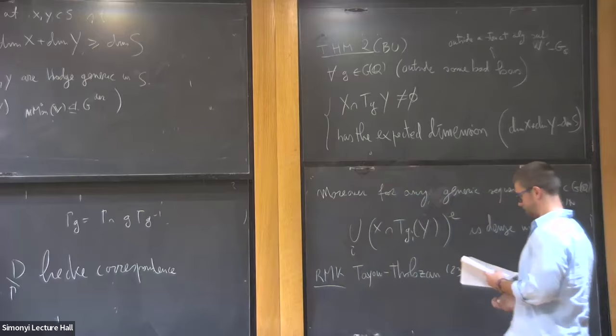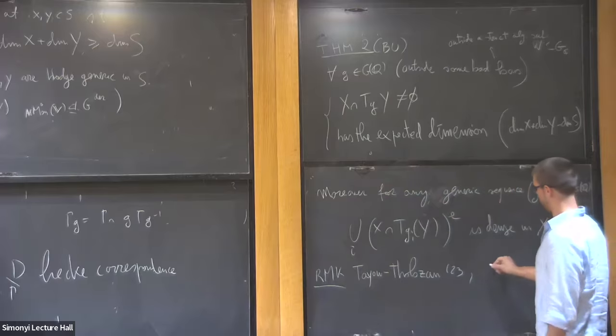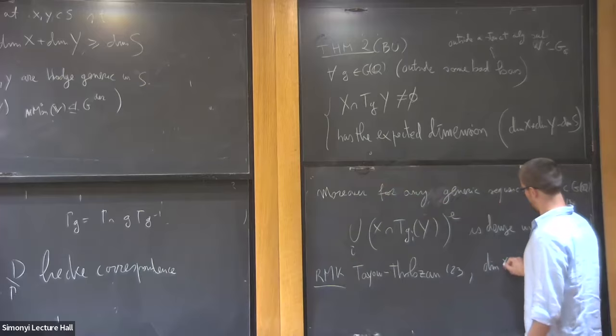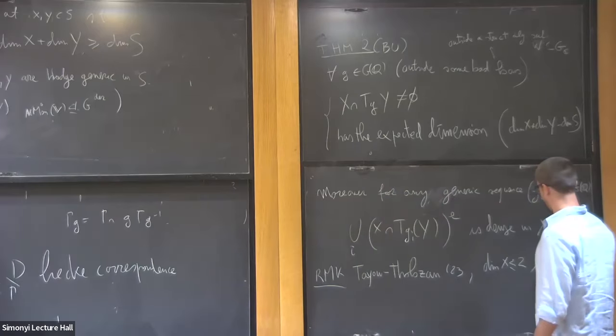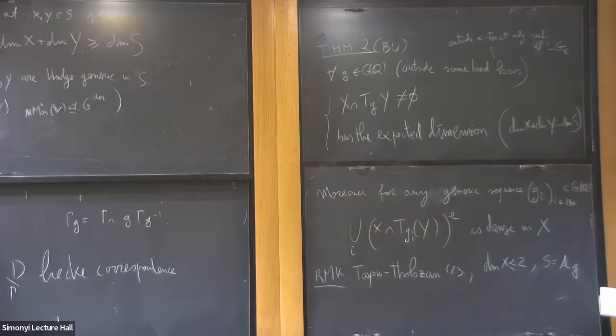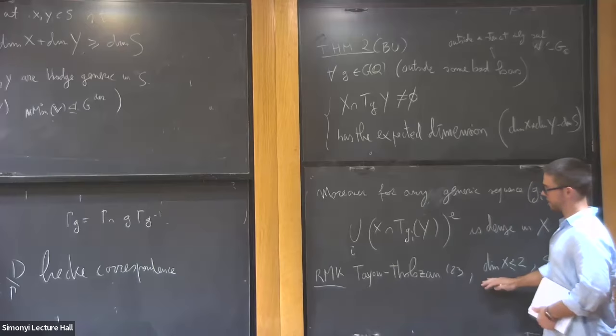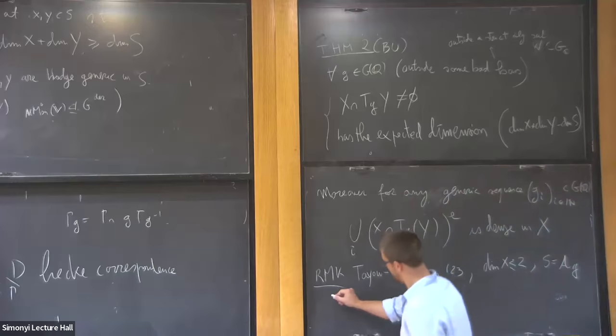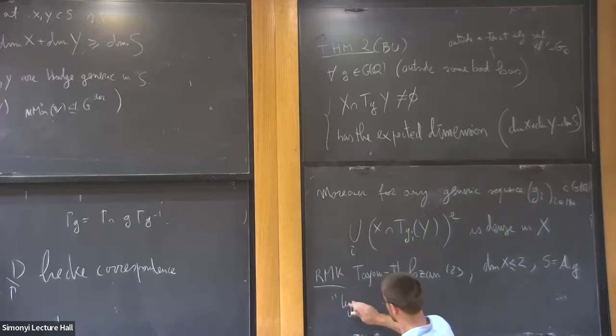They prove a special case of this result when d_max is bigger or equal than 2 and S is equal to A_g. But in fact, their theory is really based on equidistribution of typical intersections. So they prove much more than just this result.